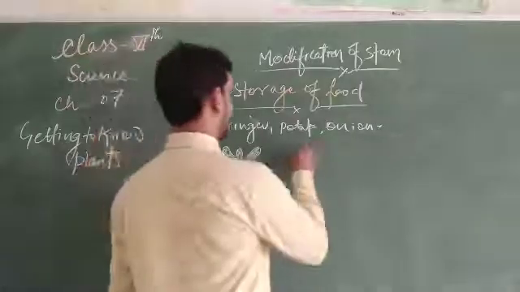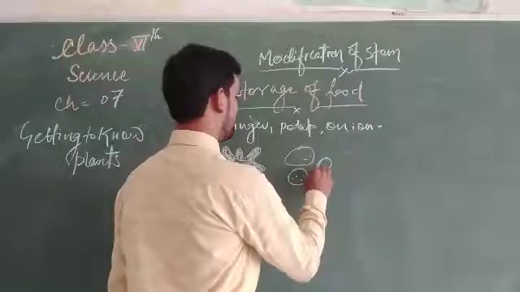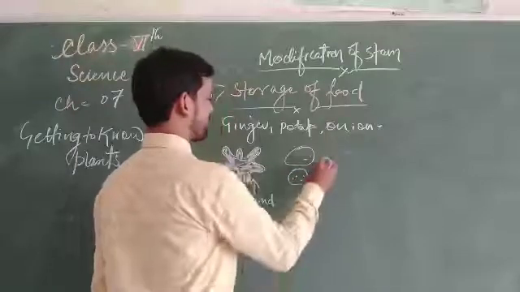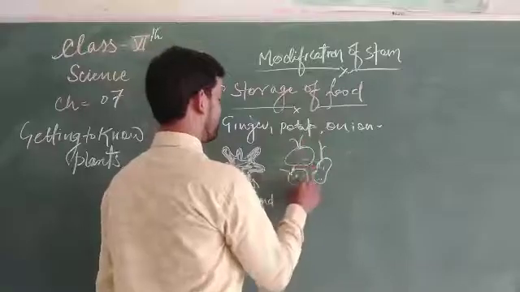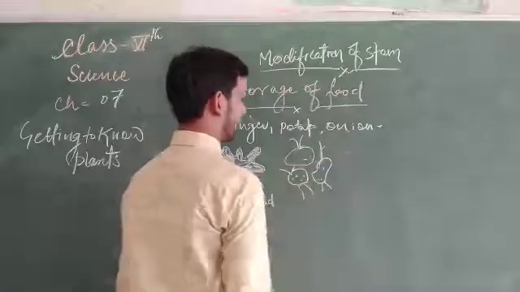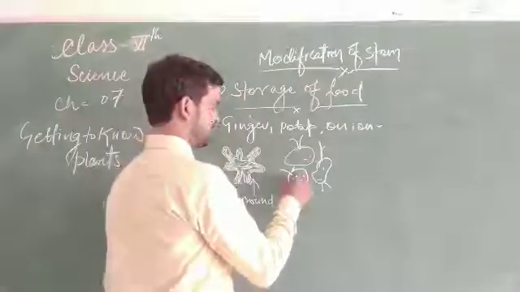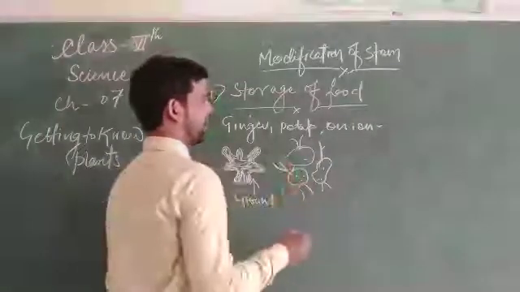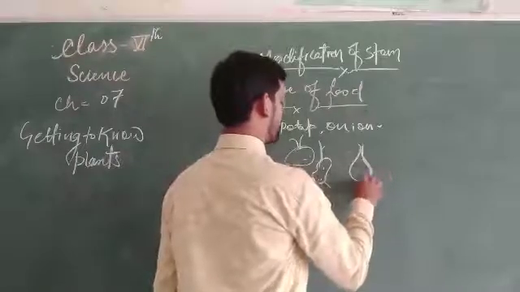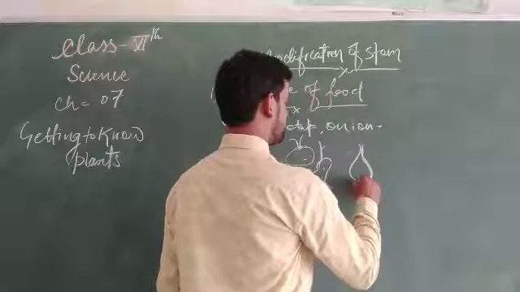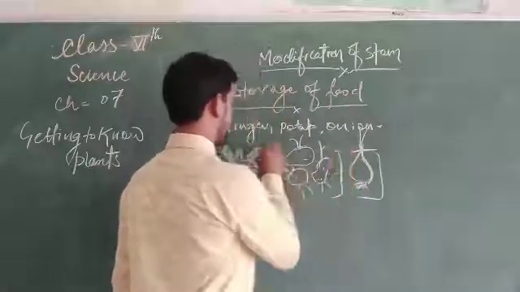Next one is potato. Potato is also called a tuber, which can be used as food, and onion is a bulb.